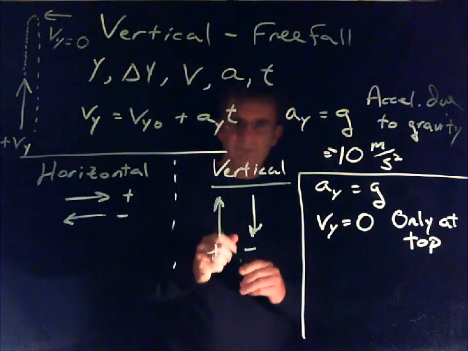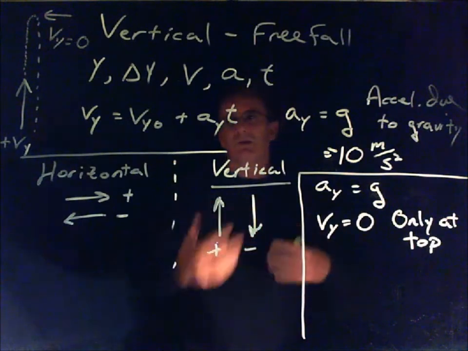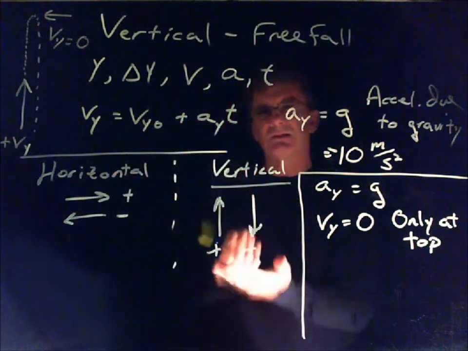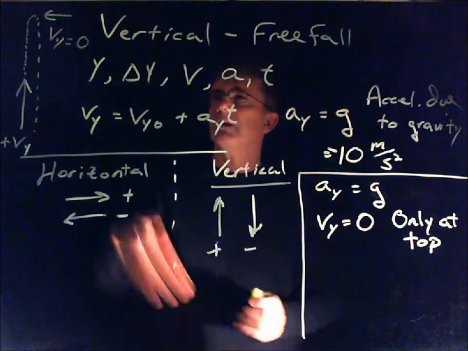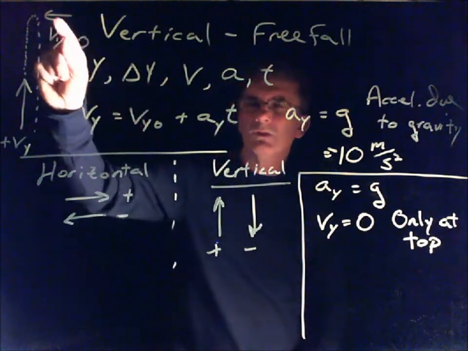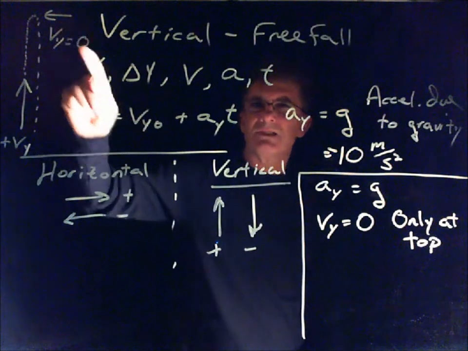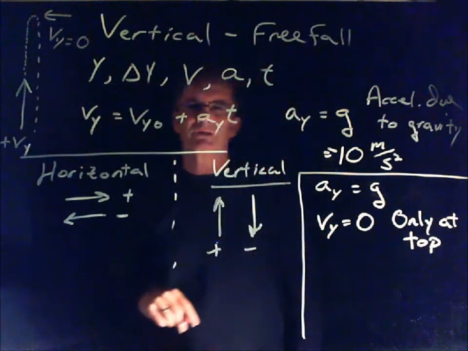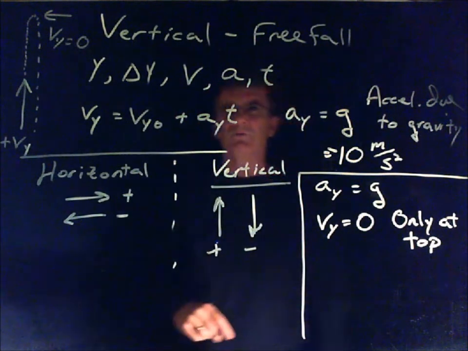That is the only place. Kids want to think, oh, when it hits the ground, it has no velocity. No, we're always talking about the velocity right before it hits the ground. At the peak is the only place where the y velocity is 0. Always take this rule with you to projectile motion. It'll help you out there as well.